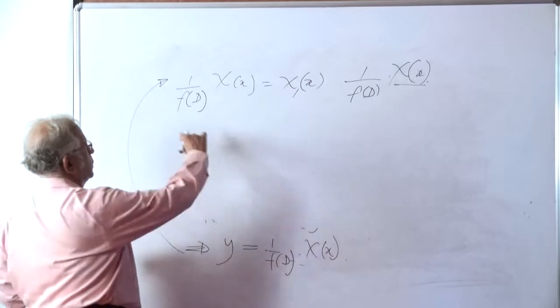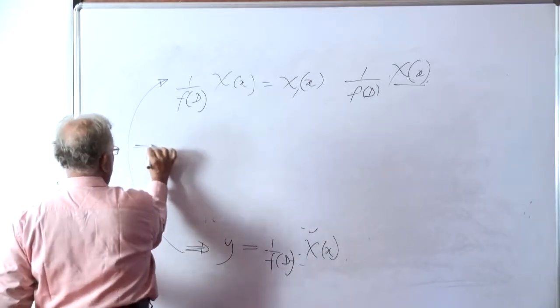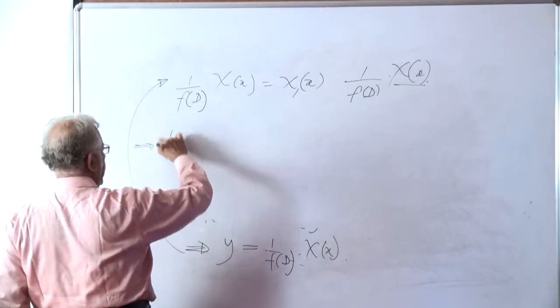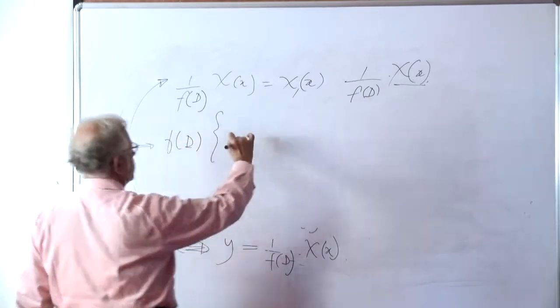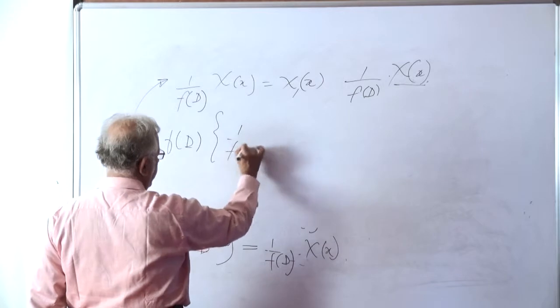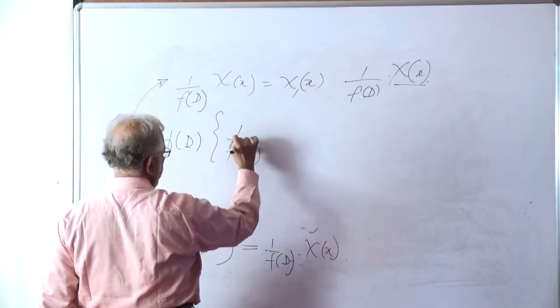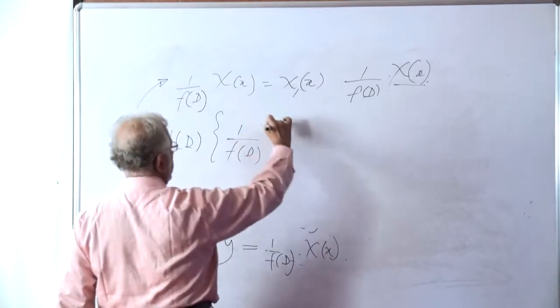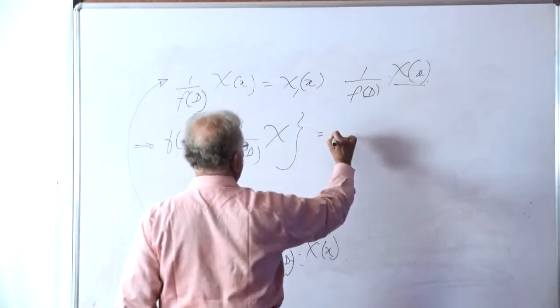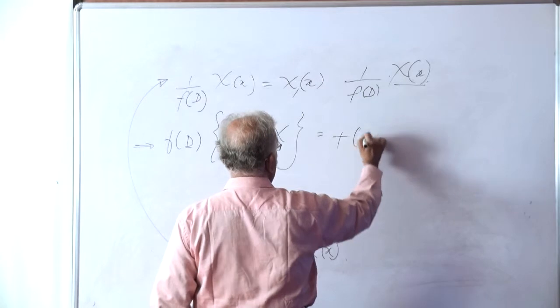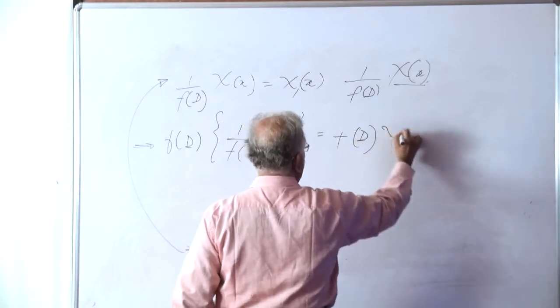So in other words, when f(D) operates on 1 by f(D) X, then we get f(D) operating on X1.